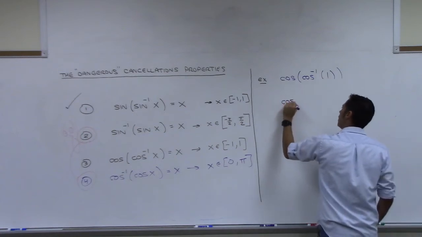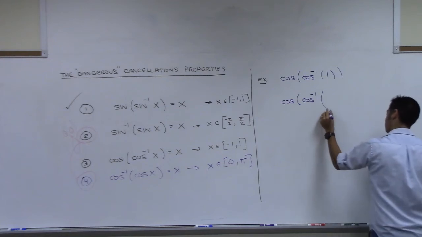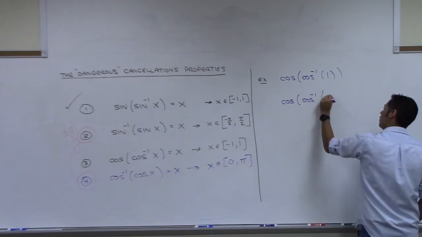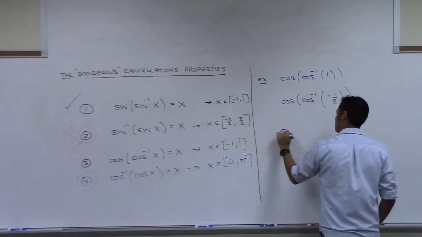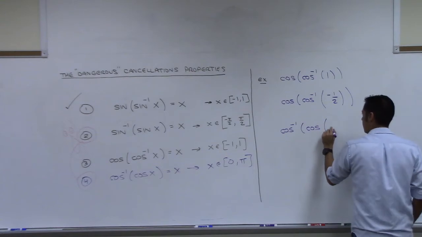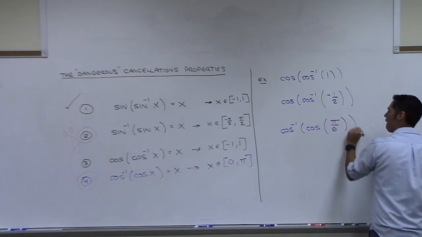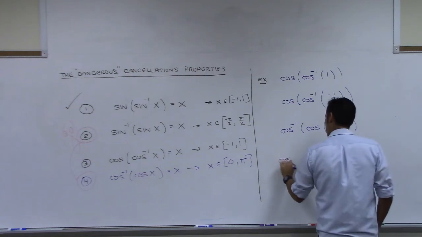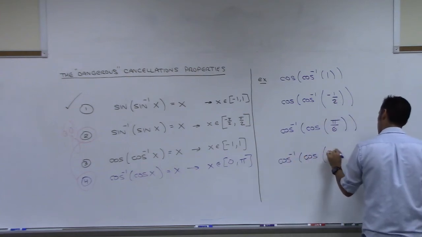What's cosine of cosine inverse of negative 1/2? What's cosine inverse of cosine of pi over 6? And what's cosine inverse of cosine of negative pi over 3?